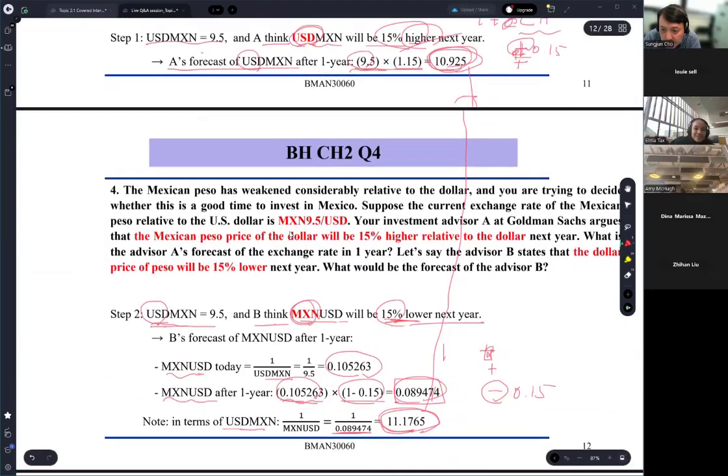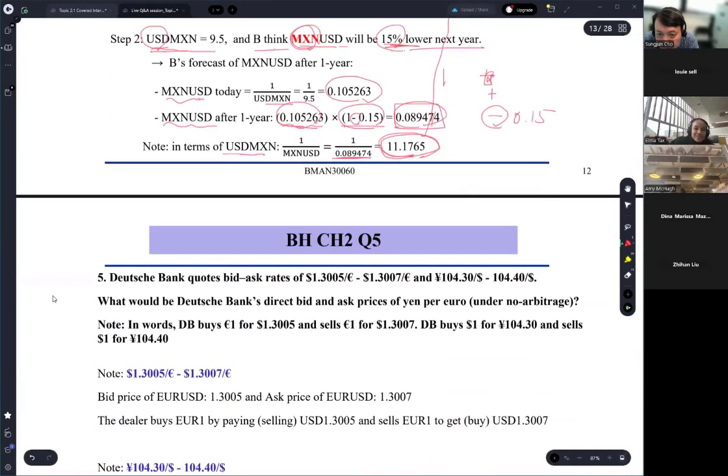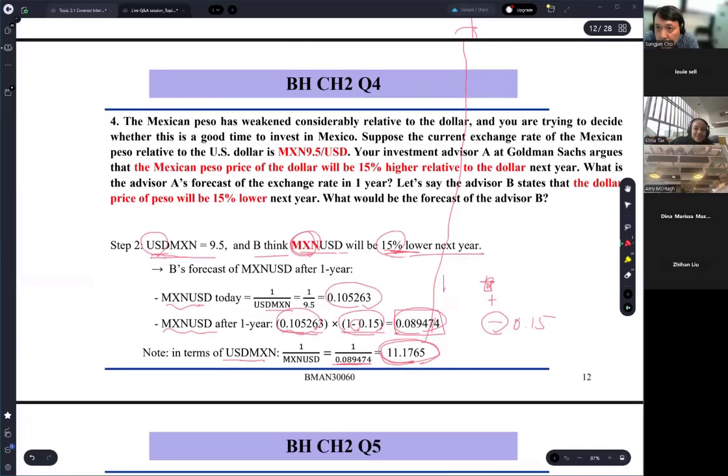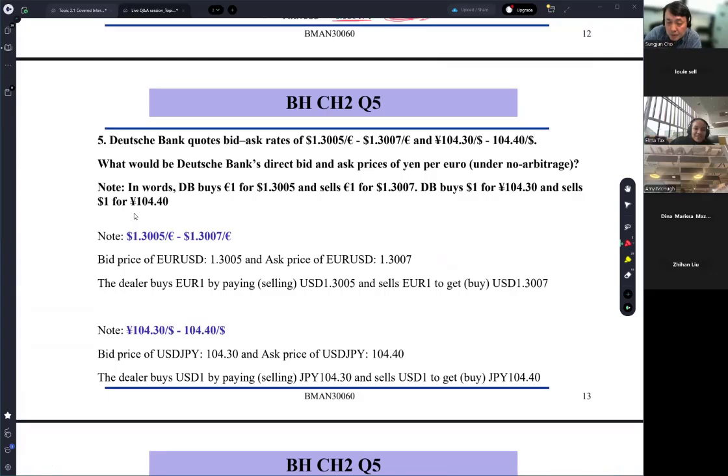In B's forecast, the Mexican peso should be 15% lower, which means this sign should be minus, right? There's a point you need to be careful about. Any question? Okay.